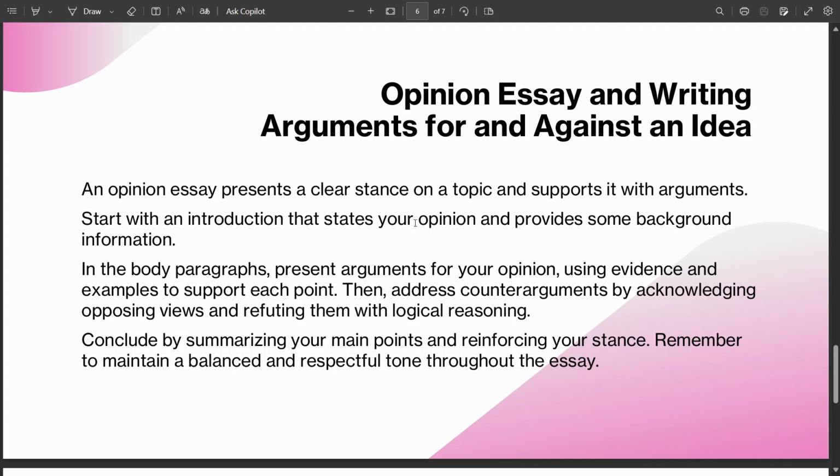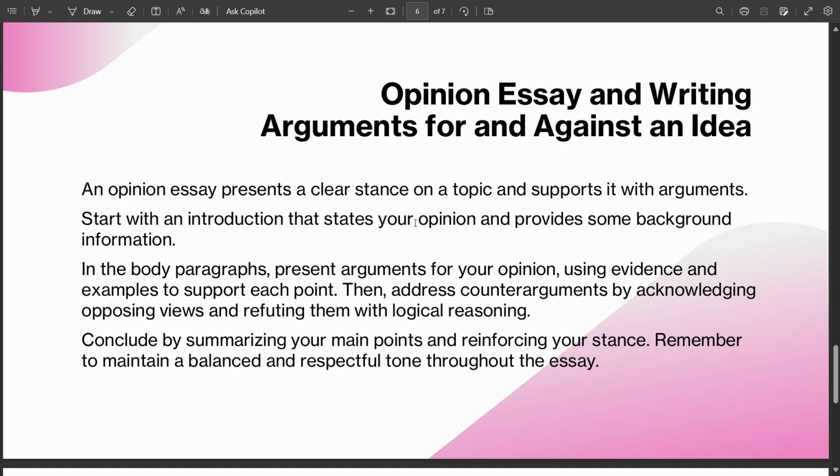In the body paragraphs, present arguments for your opinion using evidence and examples to support each point. Then address counter arguments by acknowledging opposing views and refuting them with logical reasoning. Conclude by summarizing your main points and reinforcing your stance. Remember to maintain a balanced and respectful tone throughout the essay.